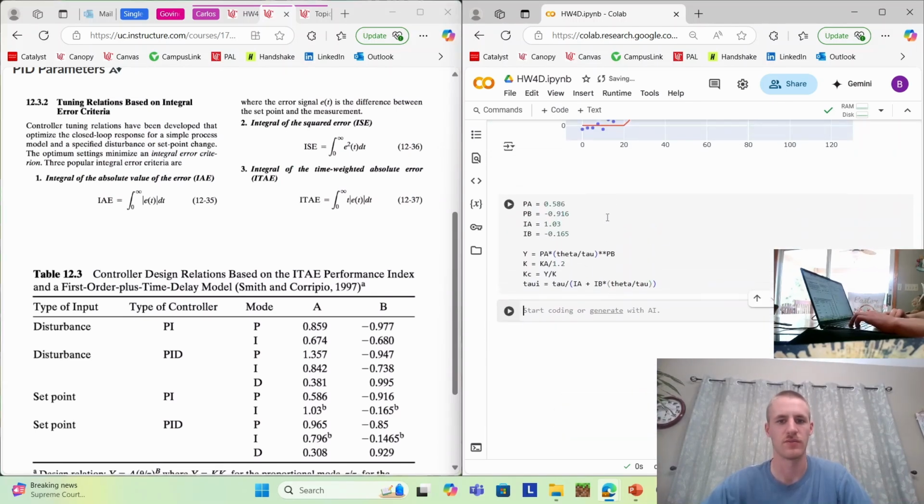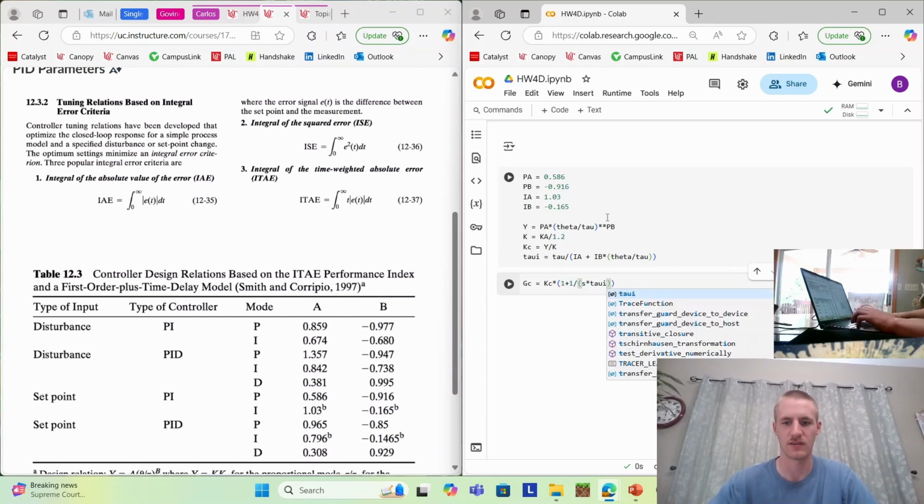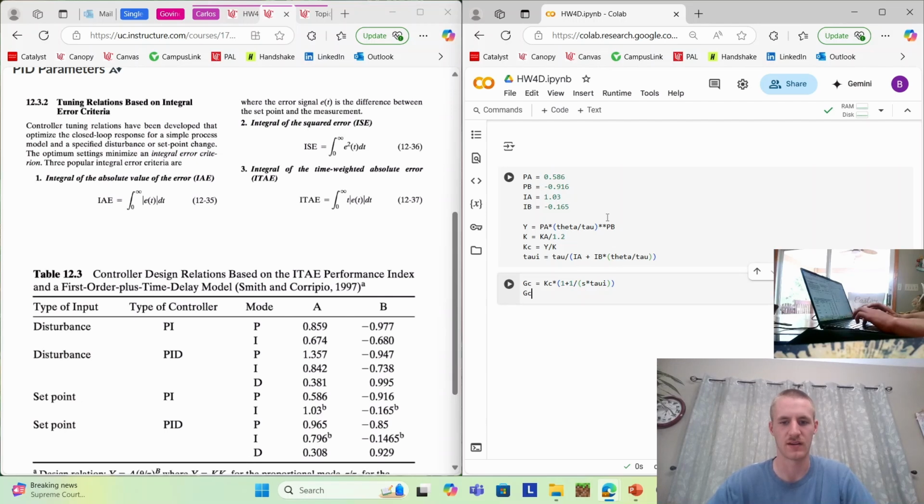Yeah, so we'll go ahead and make our closed loop. We have our GC equals KC times 1 plus 1 over S times tau I. And then our closed loop is going to equal GC times GP over 1 plus GC times GP.